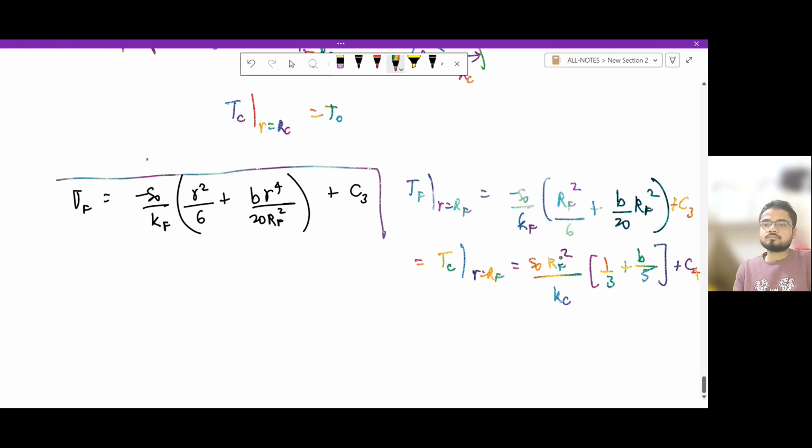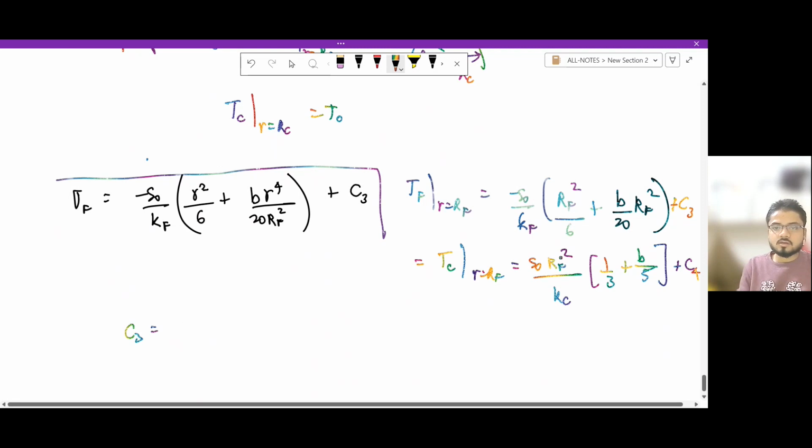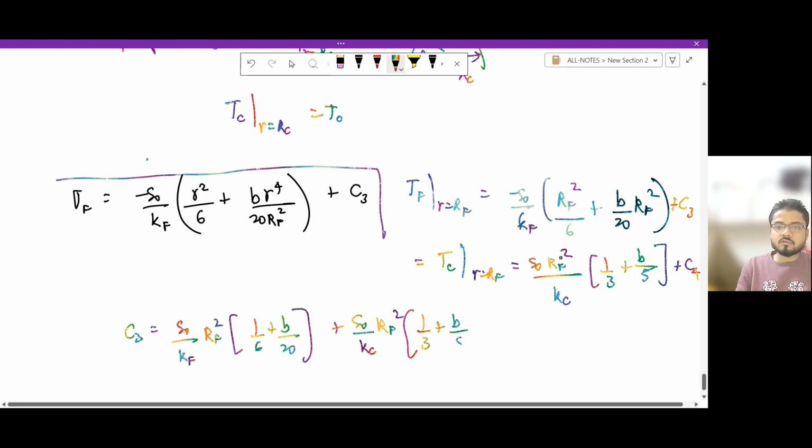Okay, so from here, you could always define C3 as S naught by KF, take RF squared as a commonality, right? 1 over 6 plus B over 20. It's not RF squared by KF, I guess I wrote everything correctly. And plus S naught by KC times RF squared, again, 1 over 3 plus B by 5 plus C4.